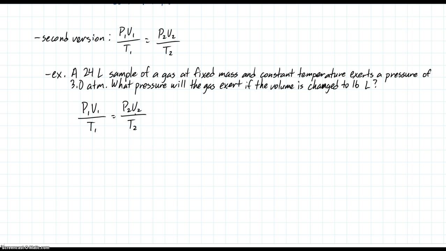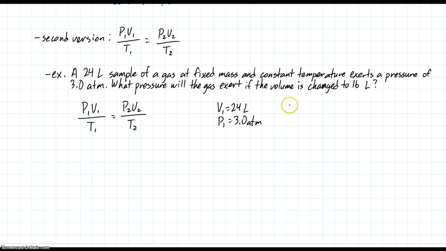As we discussed in the video on the ideal gas law, typically it's going to be a good idea to write down everything that we know and what we're trying to find. So our original state of the gas, the volume was 24 liters, so V1 equals 24 liters, and the pressure, P1, is 3.0 atmospheres.